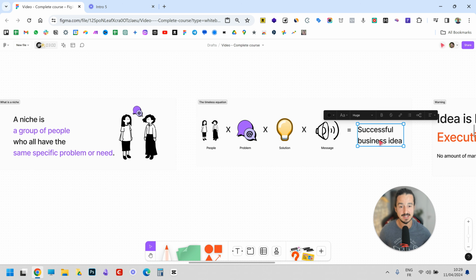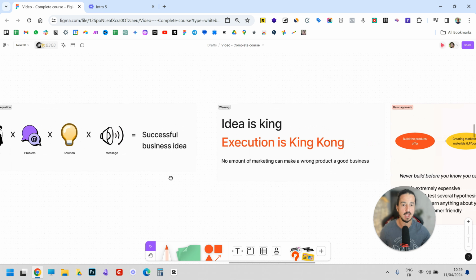For a successful business idea, we also need a solution that goes with that. And even if we have the best solution, we still need to get the right message to tell them. That is the timeless equation that gives you a successful business idea that you can start building. You don't want to start building before you have that, and that's the whole concept behind this method.